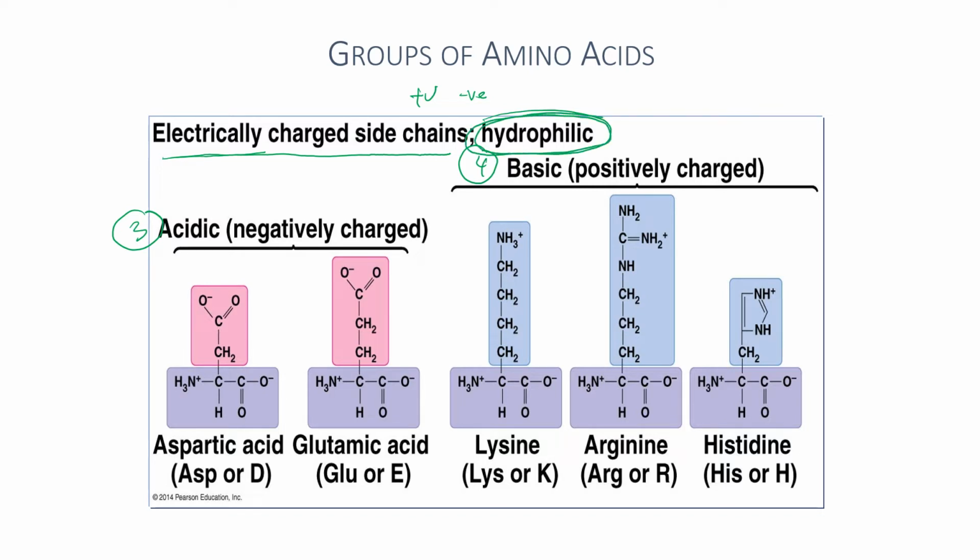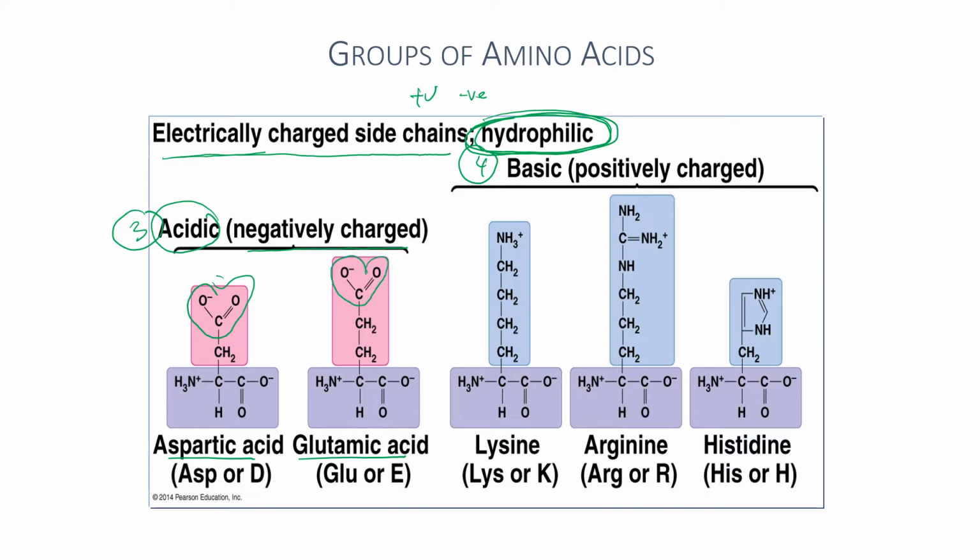Again, it can attract water molecules. Examples of acidic amino acids with negatively charged side chains are aspartic acid and glutamic acid. As you observe, the side chain for acidic amino acids has a carboxyl group. Glutamic acid also has a carboxyl group.